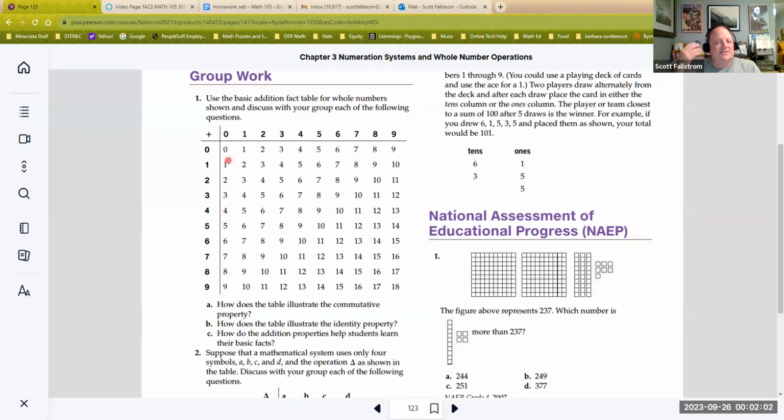Yes, but that makes 0 super amazing because no other number can I add to it and remain who I am. If you look at this entire first column, it matches the number I'm adding. So 0, 1, 2, 3, 4, 5, 6, 7, 8, 9, and across we get exactly the same thing. So 0 is known as the identity for addition.